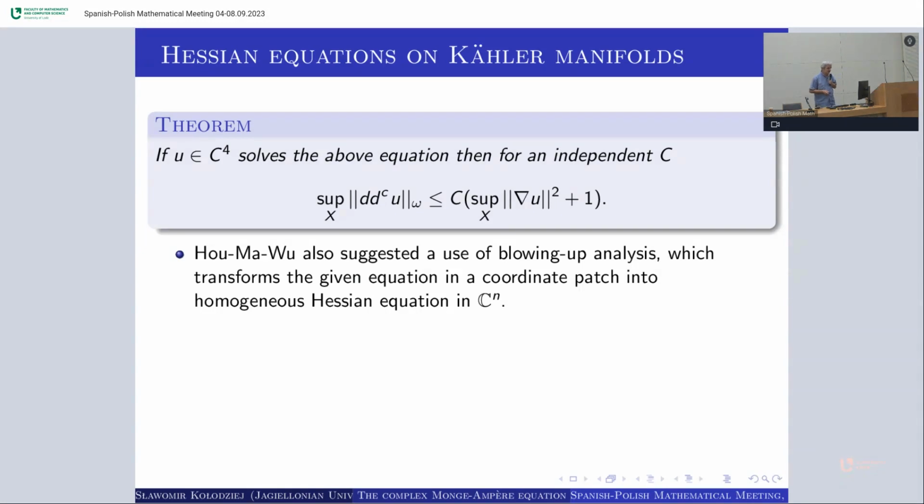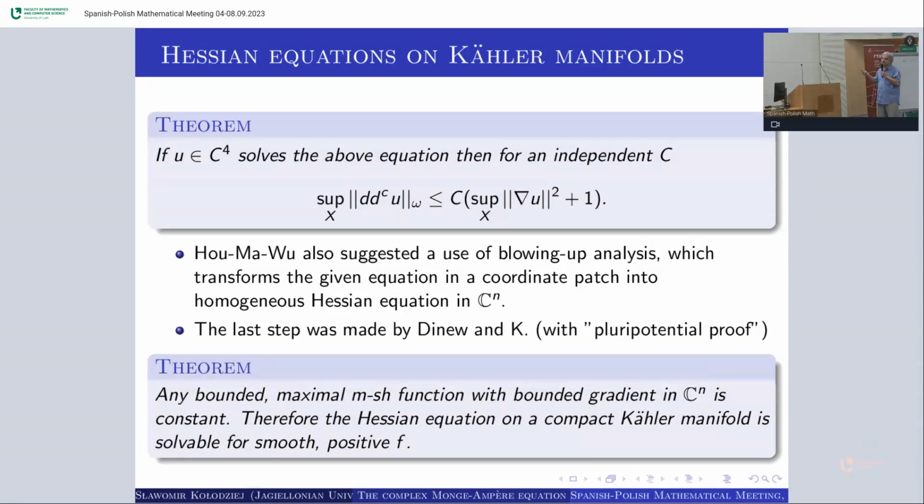So here in this inequality on the left-hand side, what we have are second order derivatives bounded in some norm, it doesn't matter. So second derivatives are bounded by first derivatives squared. Which means that if you can prove the estimates for the gradient, C1 estimates, then you get C2 estimates.